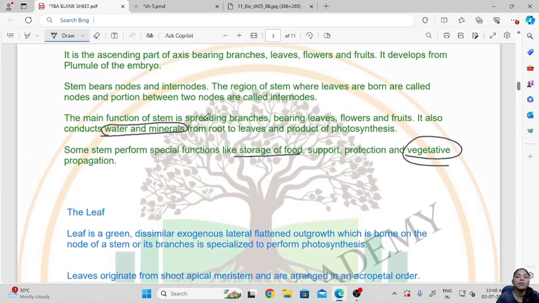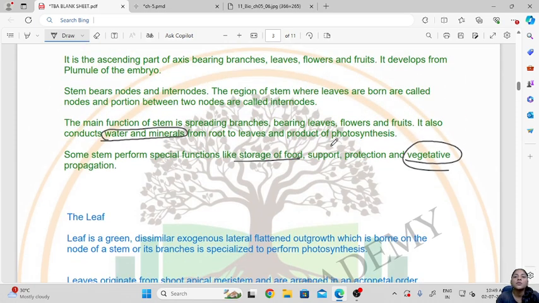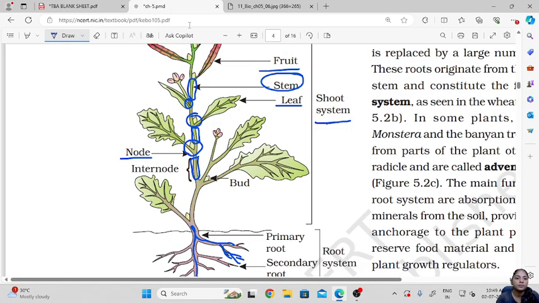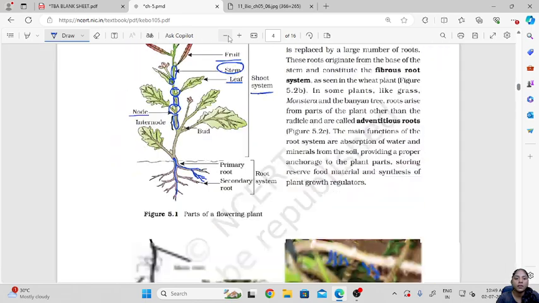The stems of some plants can be cut and planted, and that cut part will form roots and give rise to a new plant. So it can be propagated that way.